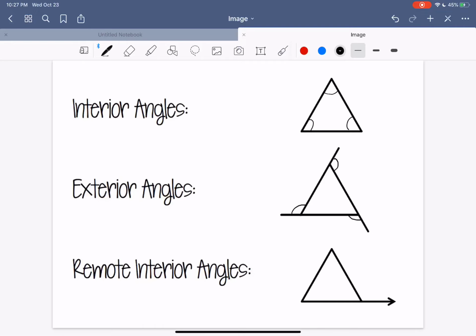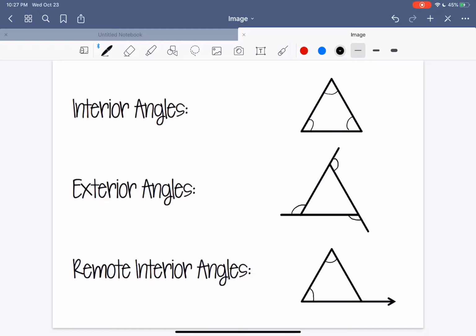And this last one says remote interior angles. And maybe you're thinking, I have no idea what you're talking about, Miss Walton. But that's why we're here. So a remote interior angle is the 2 angles right here.